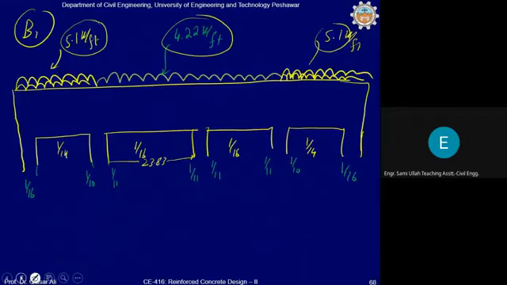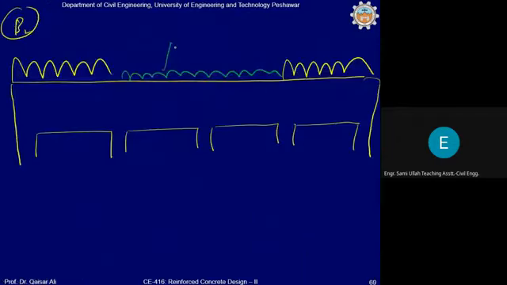So this load is 1.97 kip per foot, and this load is equal to 2.48 kip per foot. And again, in the same way, you can analyze the given beam using the ACI coefficient method.